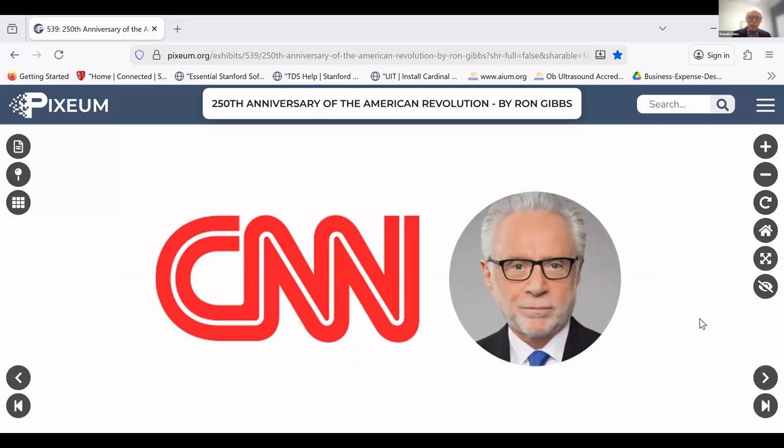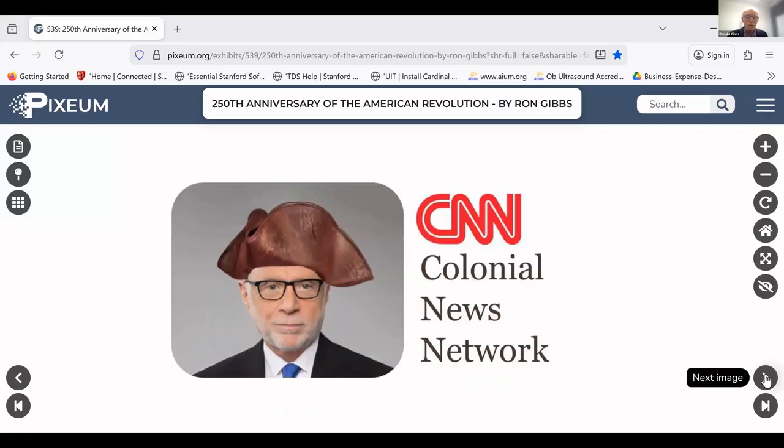Today, most people around the world get their news from the cable, such as Cable News Network, featuring the venerable reporter Wolf Blitzer. If CNN were around 250 years ago, it might be called the Colonial News Network, featuring an ancestor of the venerable Wolf Blitzer.